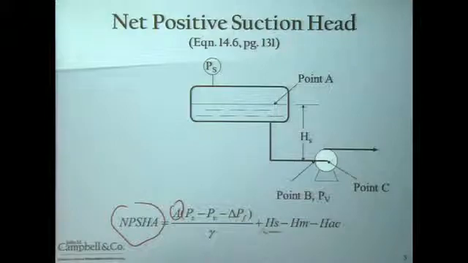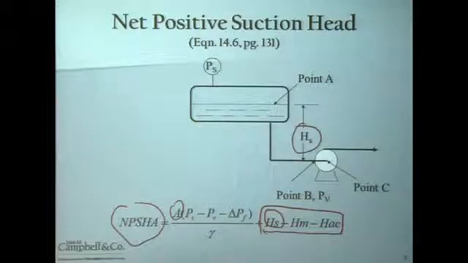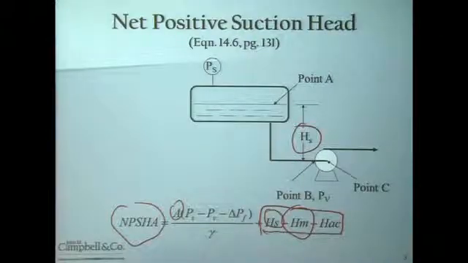To that, we add some various factors. H sub S is the only positive term in this equation, which is the height of the liquid above the center point of the pump. We subtract a safety margin, and if you're dealing with a positive displacement pump, we also subtract an acceleration head factor.